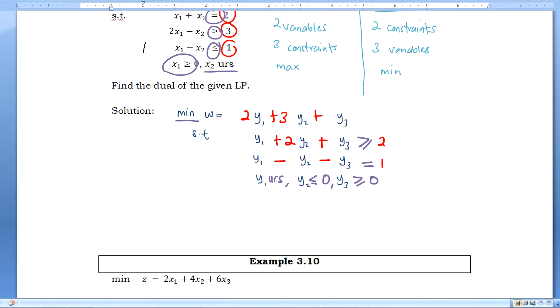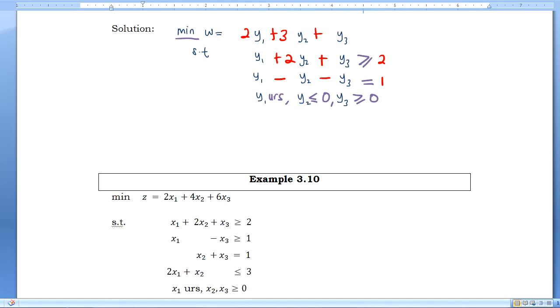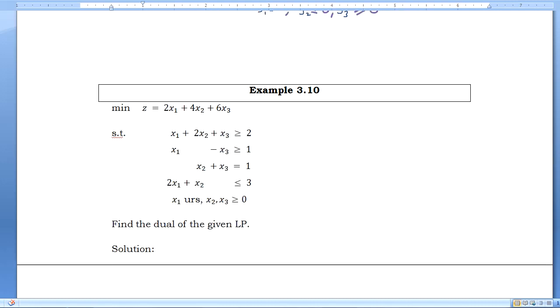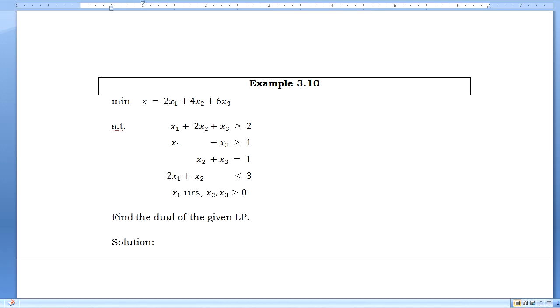Let us discuss another example. We have a minimum problem with 3 variables and 4 constraints.